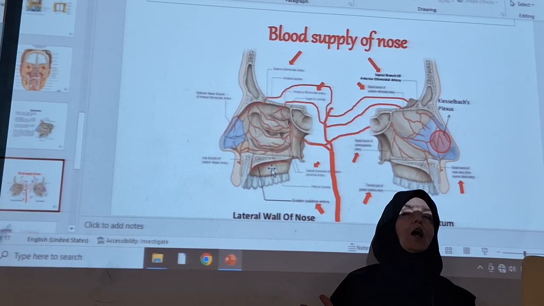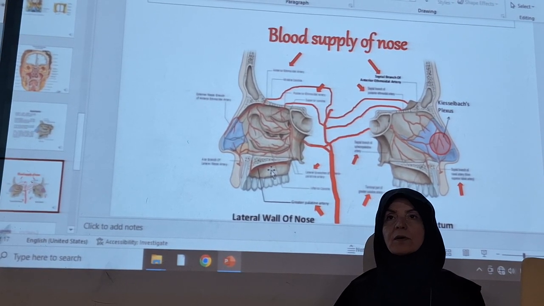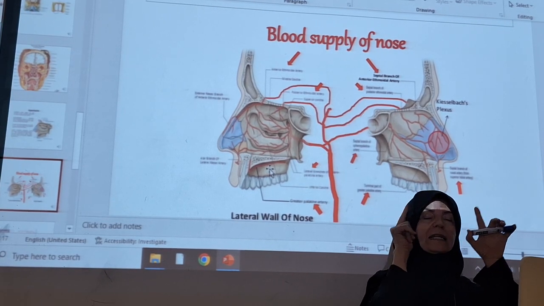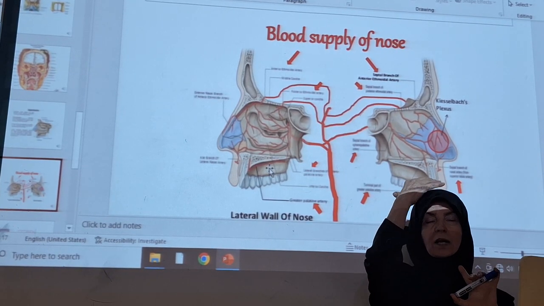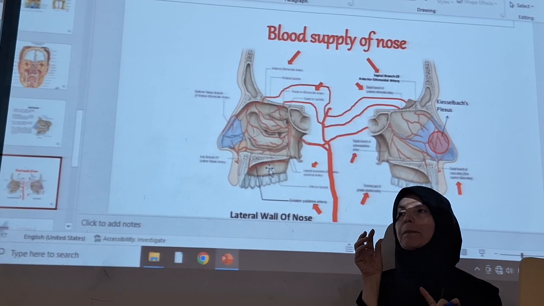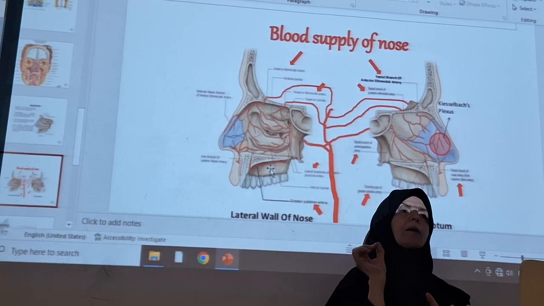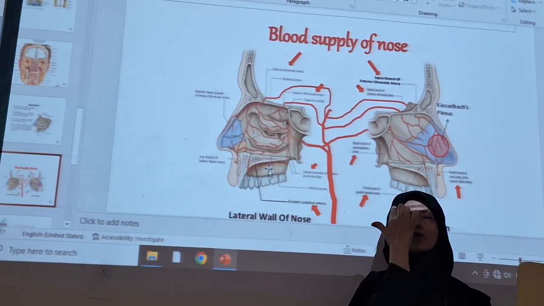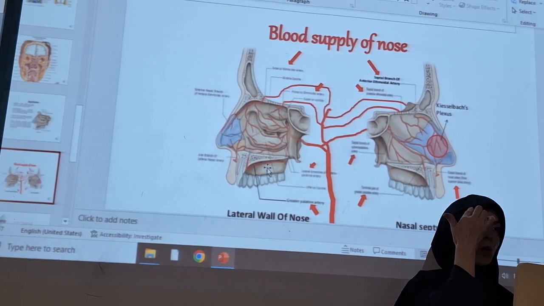Now the internal carotid, inside the skull, supplies the brain and has a branch that we call the ophthalmic branch. This ophthalmic branch goes to the eyeball, to the orbit.